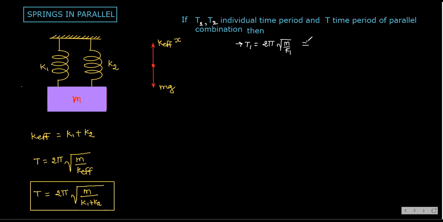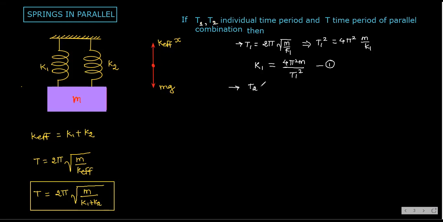And therefore that implies T1 square is 4 pi square M by K1. I am taking K1 here because I want K1, since this is directly K1 plus K2. So K1 is 4 pi square m by T1 square. Call this equation number 1.